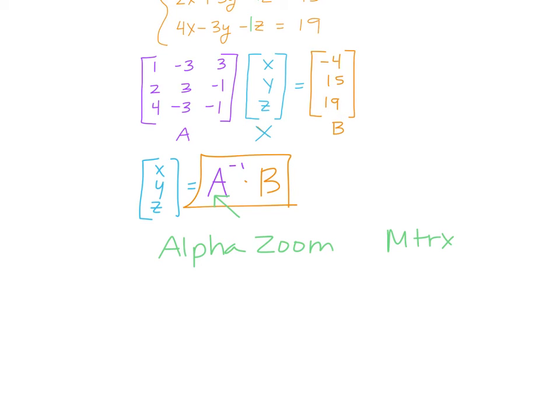Okay, now on my screen right now is this matrix. We are taking the inverse of that. So now you're going to hit the inverse button, the x to the -1. Okay, hit that button. And then now you can put in your matrix B. So go alpha zoom again.